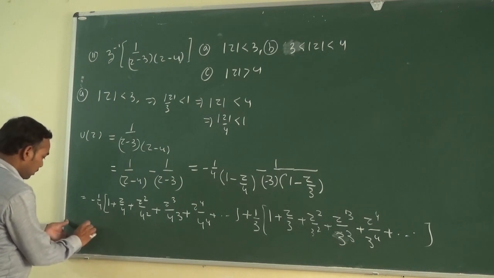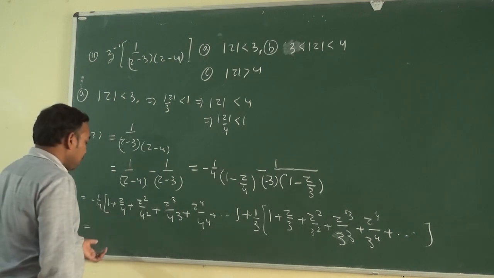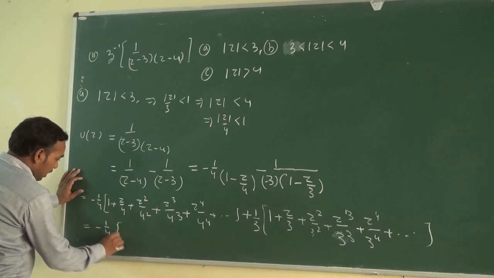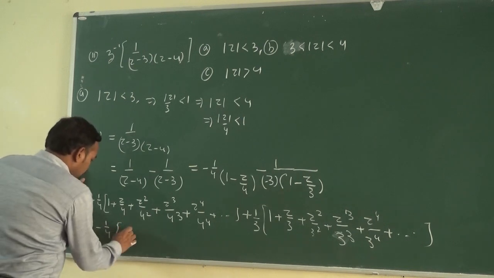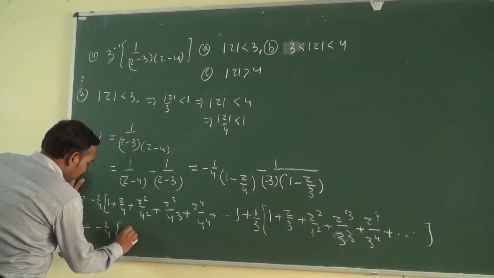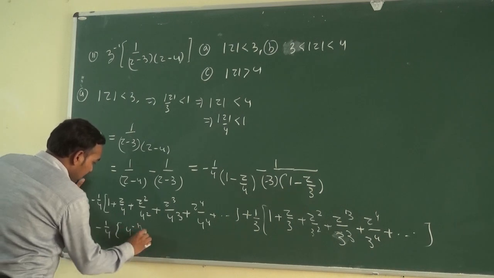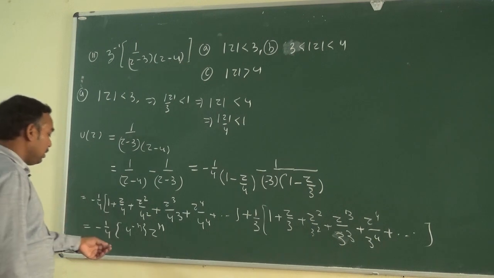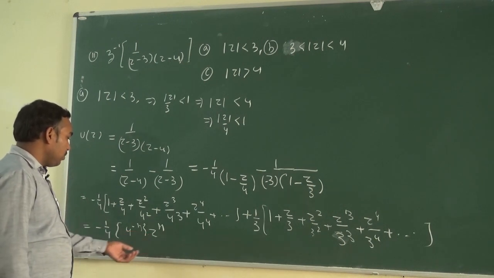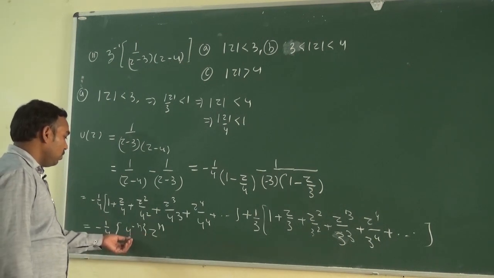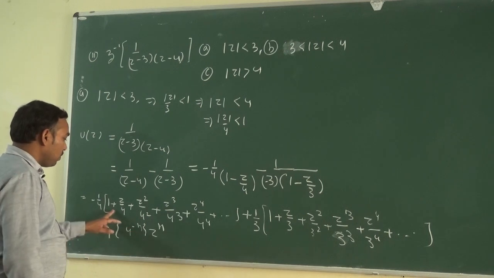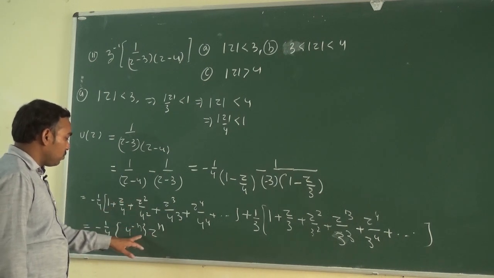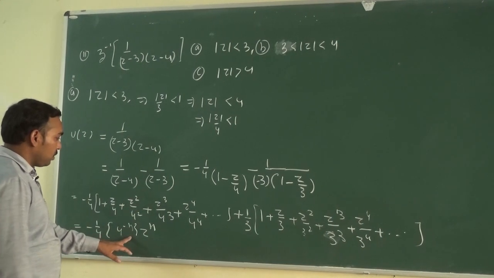Or these series can be written as minus 1 upon 4, we can write 4 to the power minus n, z to the power n, n greater than or equal to 0, means n equal to 0, 1; n equal to 1, z upon 4; n equal to 2, z square upon 4 square.